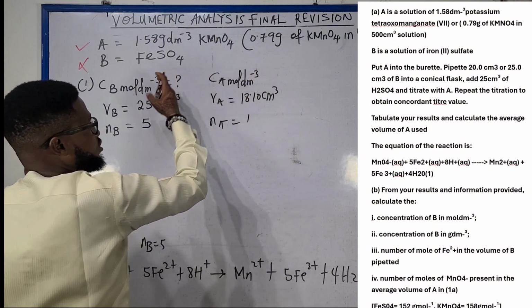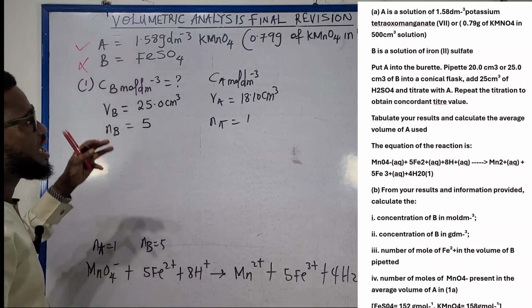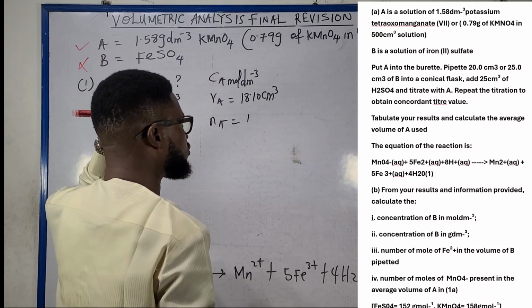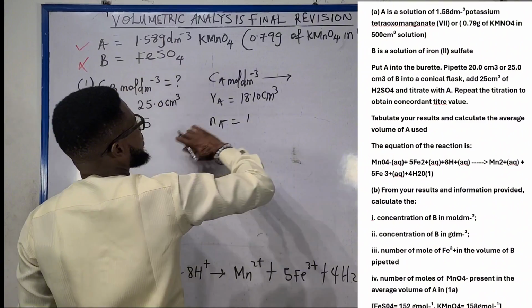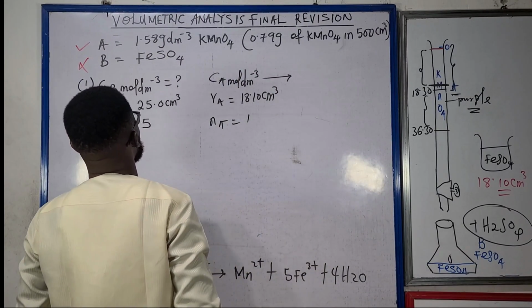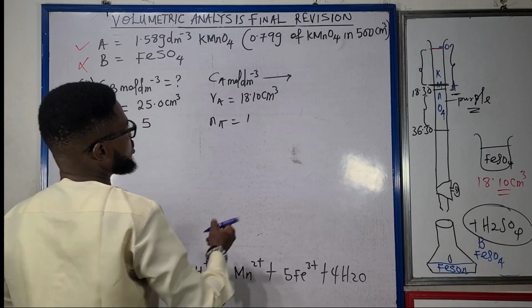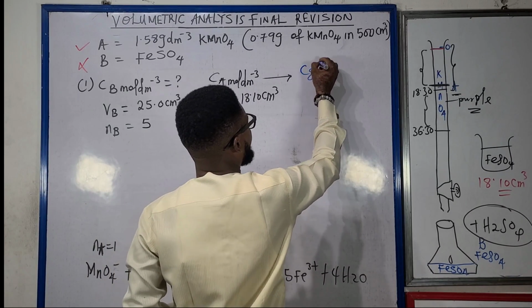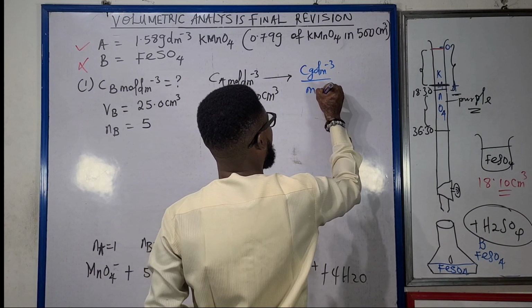Even my Ca, I don't know what my Ca is, so it's only logical that first of all I have to look for a way to get my Ca. Now I'm looking for the concentration of A in mol/dm³. Concentration in mol/dm³ is actually concentration in g/dm³ divided by the molecular mass.